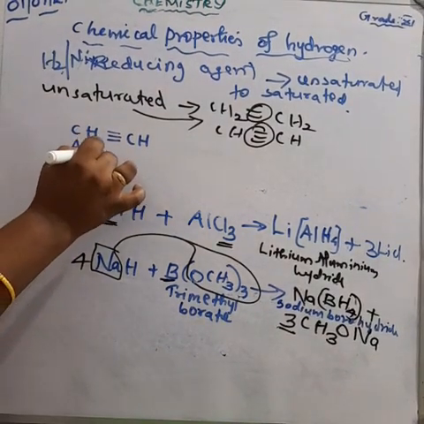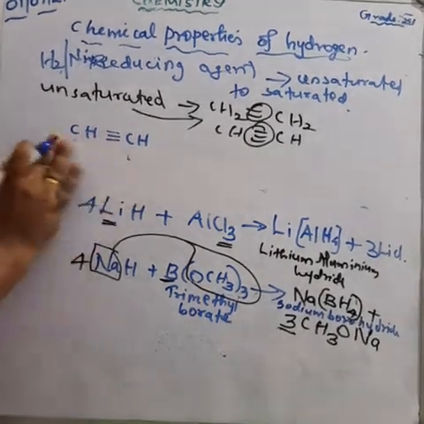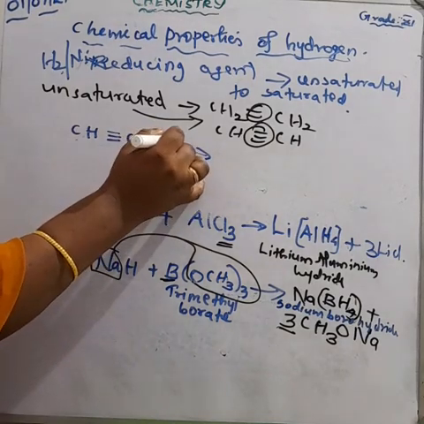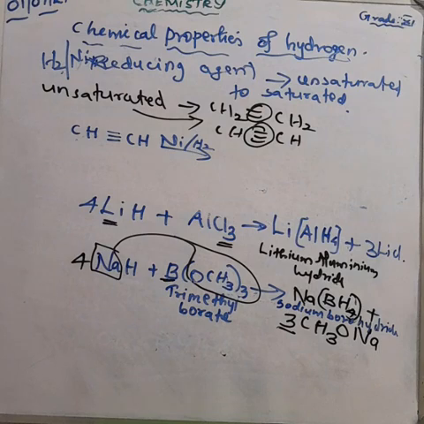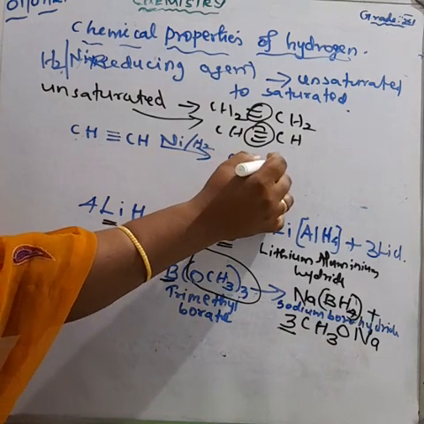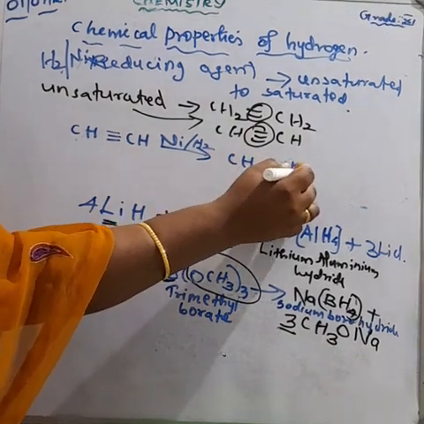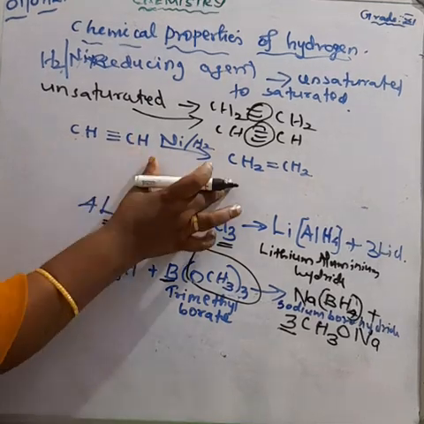So acetylene, when reduced with finely divided nickel and hydrogen, forms ethylene. What is the formula for ethylene? CH2 double bond CH2. Which reaction takes place here?